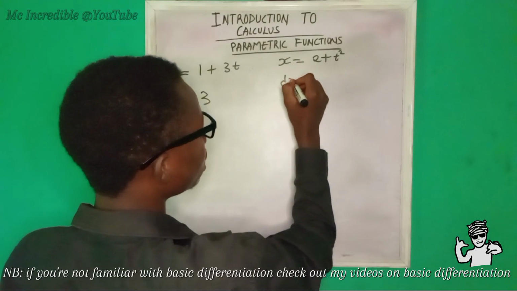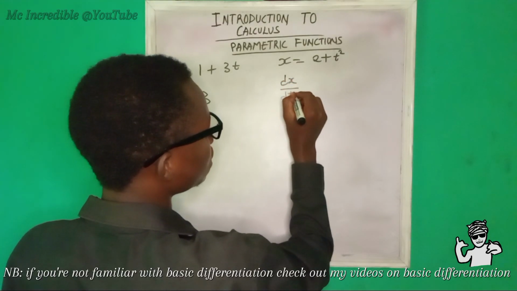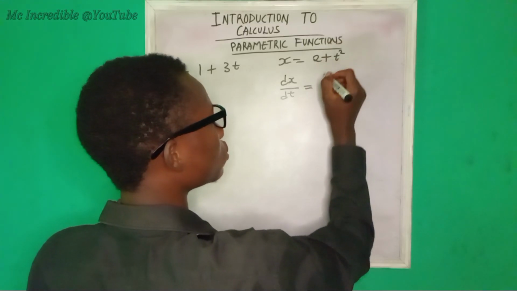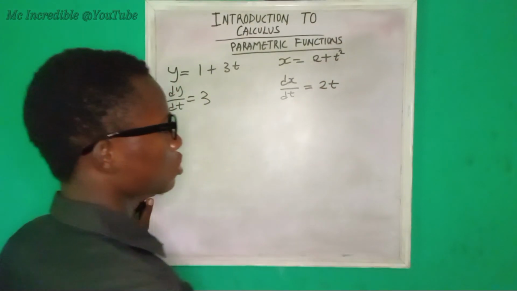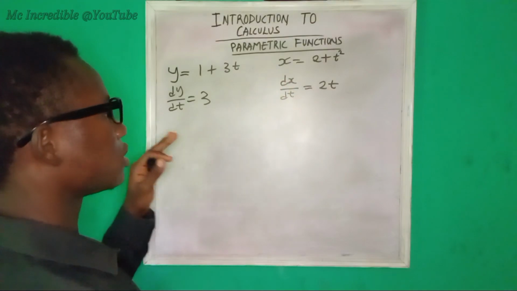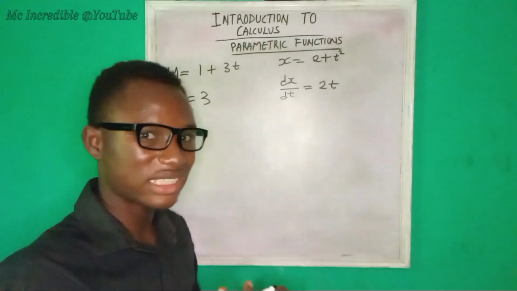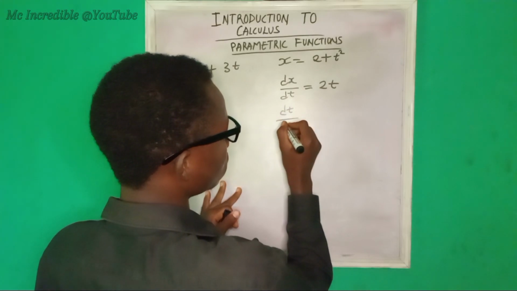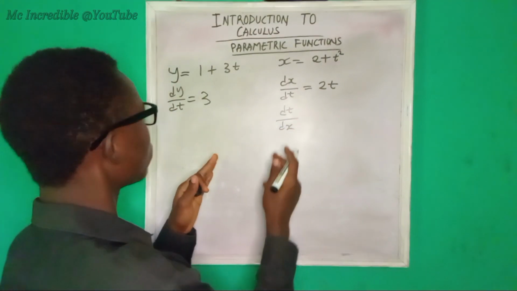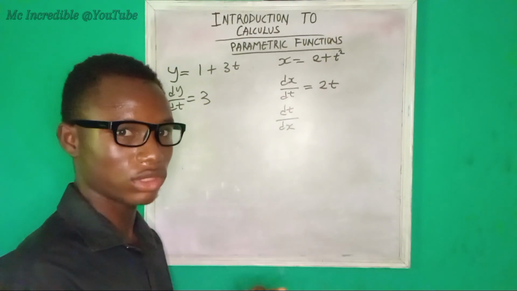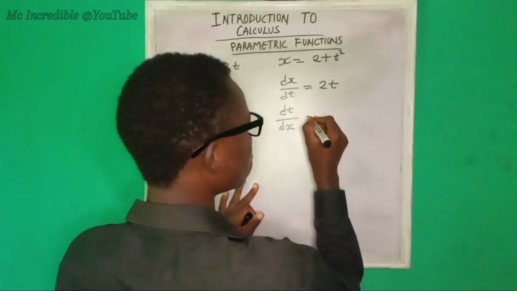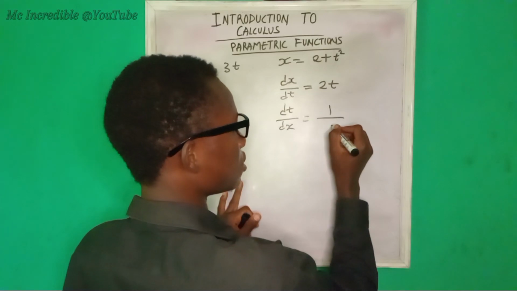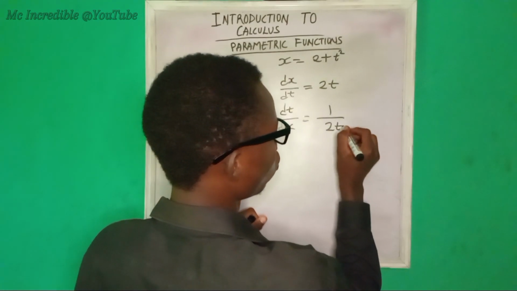While dx/dt is equal to 0 plus 2t, differentiating this and differentiating this. Now that we have gotten our dx/dt, we have to look for dt/dx, which is what we are going to use to multiply dy/dt in order to get dy/dx. dt/dx is equal to 1 over whatever you get as dx/dt, which is 1 over 2t.